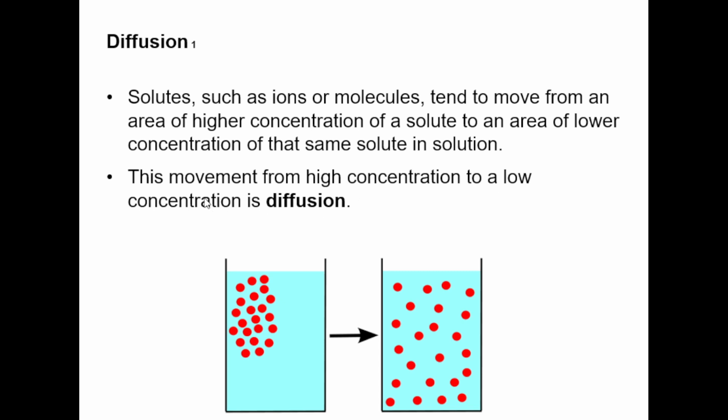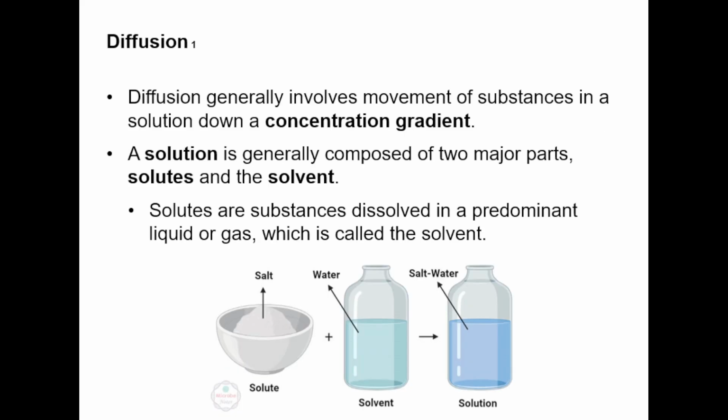Yan ang ibig sabihin ng diffusion. Again, what is that difference formed by high concentration and low concentration? The concentration gradient. Kaya if I go back to the definition, diffusion is the movement of substances down a concentration gradient. Why down? Because it starts from a higher to a lower area of concentration.